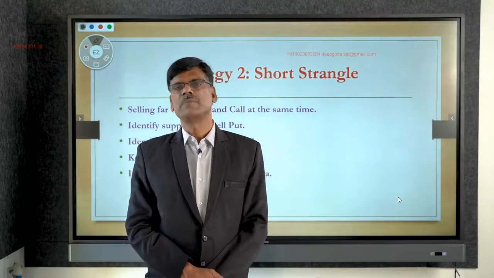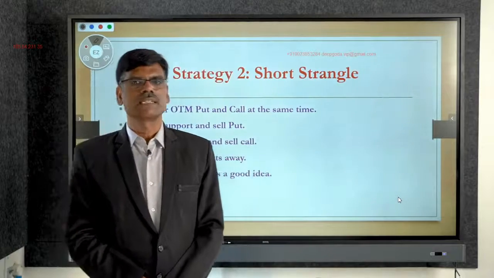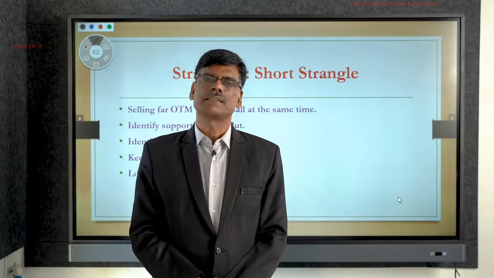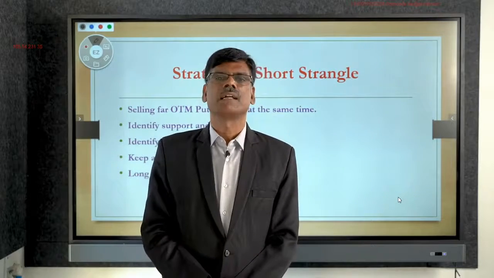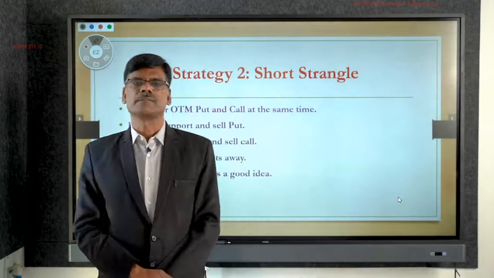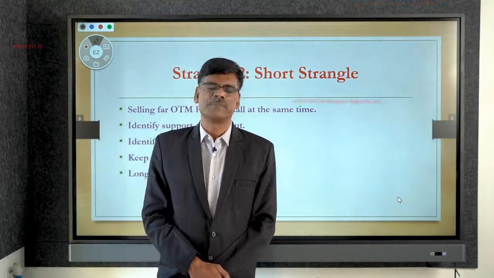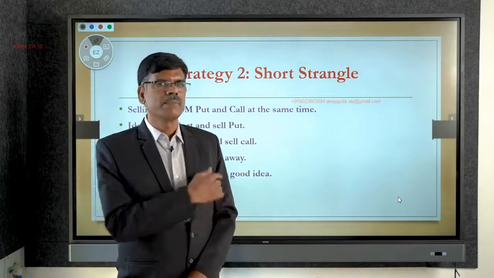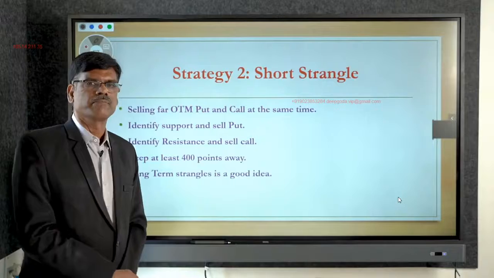Of course, with the limited risk, it becomes iron fly. Second one is short strangle. With a limited risk, you buy both call and put, that becomes iron condor. And the third one is a ratio spread. So these are the 3 most popular strategies that people use. So now we are coming to our second strategy, which is a short strangle.